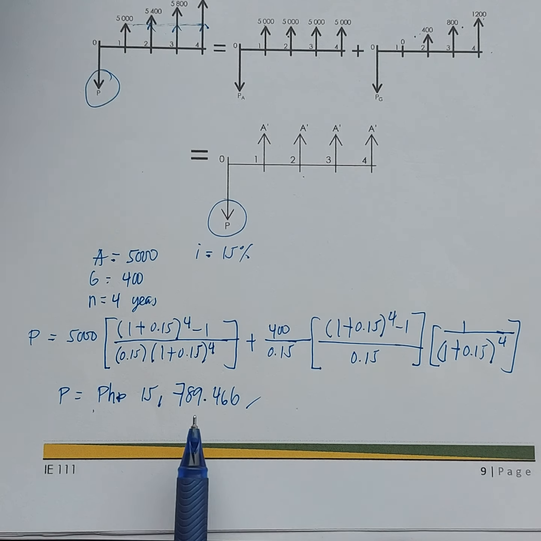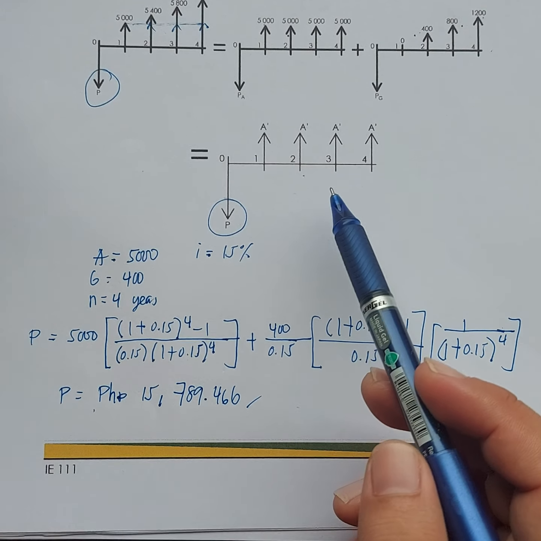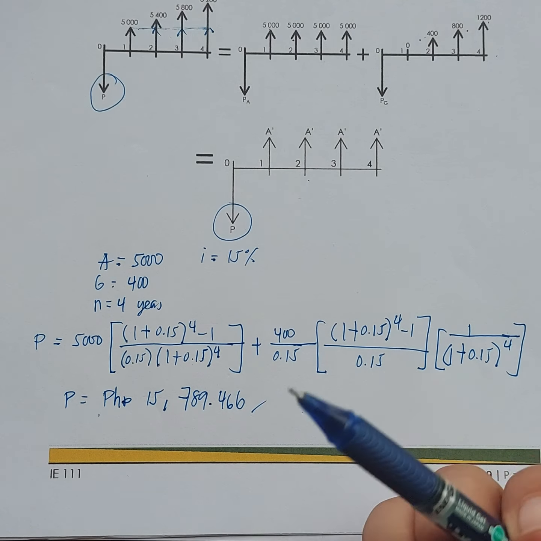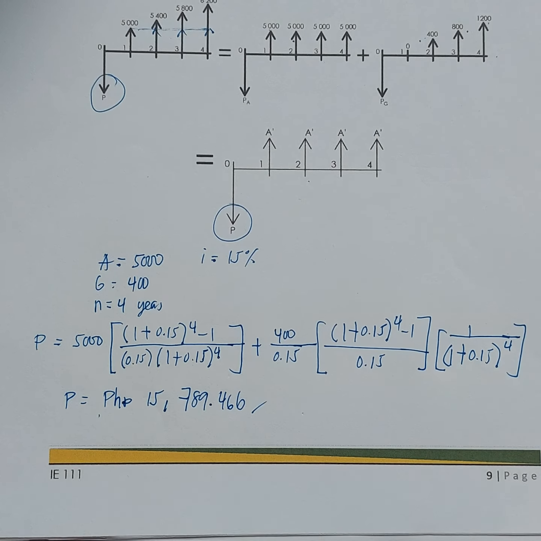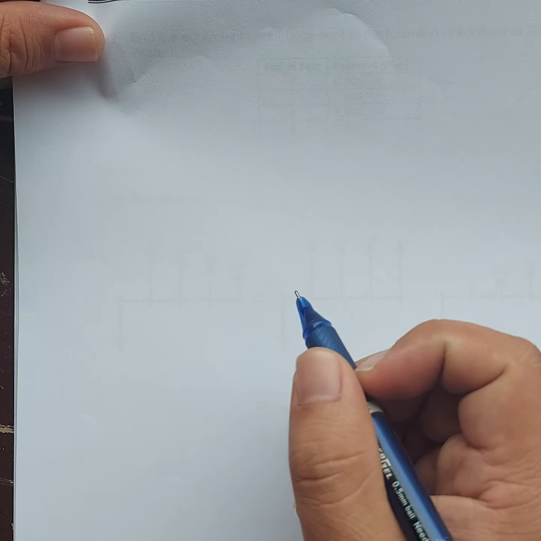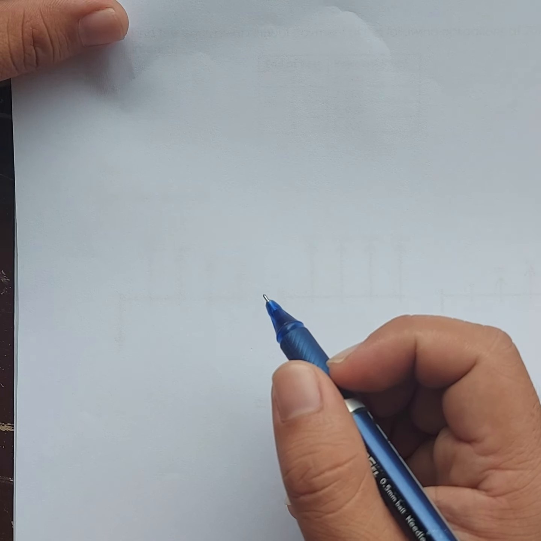Now, since we're solving for an equivalent uniform annual payment, A prime, we can use the concept of annuity to solve for that amount. What is A prime? It is the equivalent annual payment with a present worth equivalent to 15,789.466 pesos.